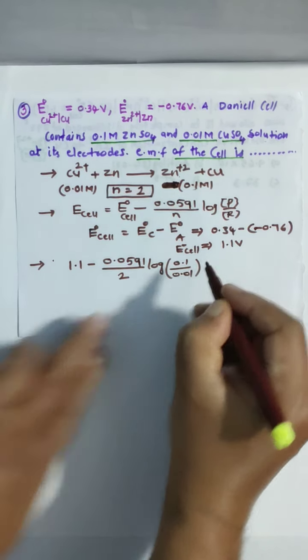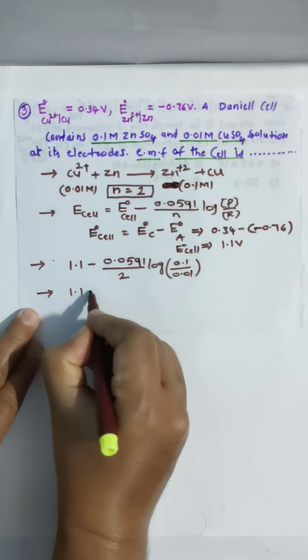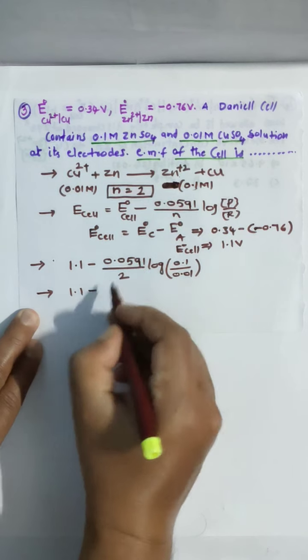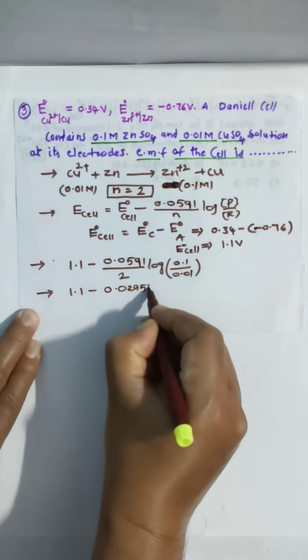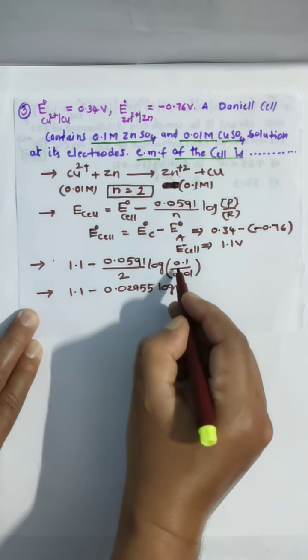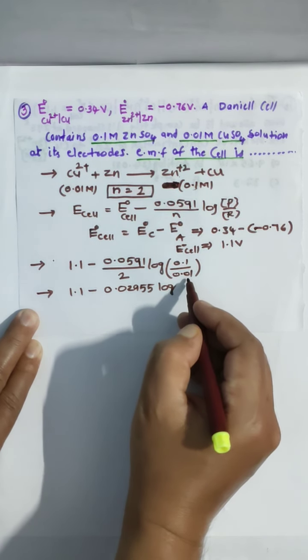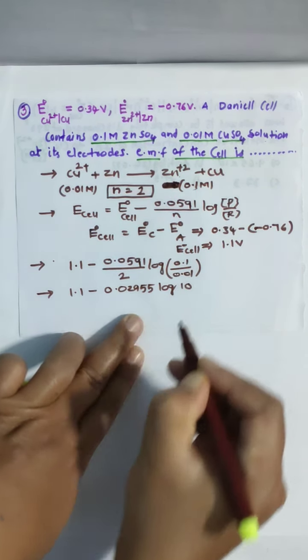If you simplify this, 1.1 minus 0.02955, which we already did, log 0.1 by 0.01. How much are you getting? 10. So log 10.